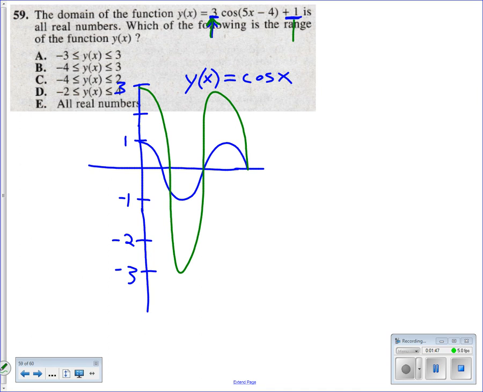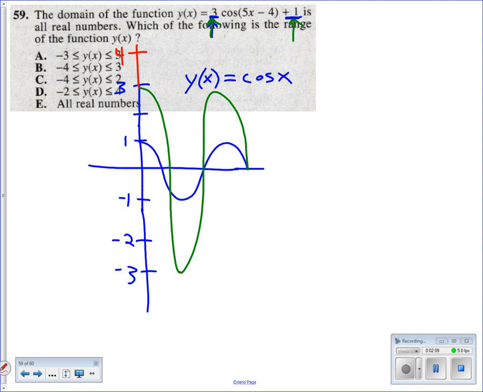And now I need to shift the whole thing up by 1 unit to account for the 1 unit that's being added on to the entire function. And that's going to cause a shift like this. So I'm going to shift up to 4.